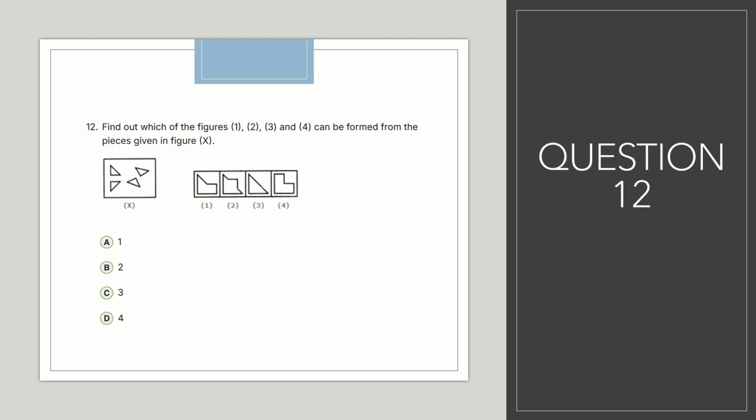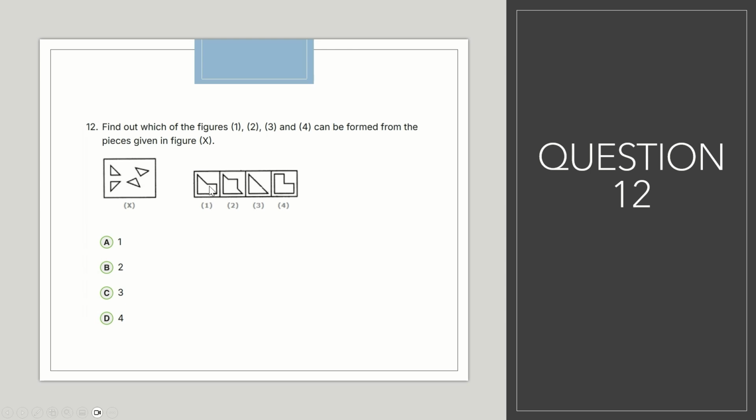Okay, and then for question 12, you can see we have these 4 pieces here. In option 1, we can have a triangle here, another one here, and another one here.